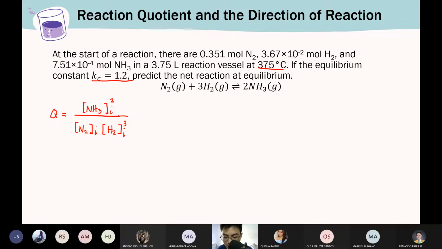Pero kapag mainit, yung K value mo mataas. Okay? So, ganun. Ibig sabihin, mas mabilis mapanis yung food kapag mainit, mas mabagal siya mapanis kapag malamig. Okay? So, ganun din dito sa equilibrium constant, no? So, whenever you are stating the K value, you must indicate the temperature. So, it is not necessary sa equation naman. Okay? Wala tayong gagawin sa kanya sa equation. Kailangan lang talaga siya isama when stating the K value.